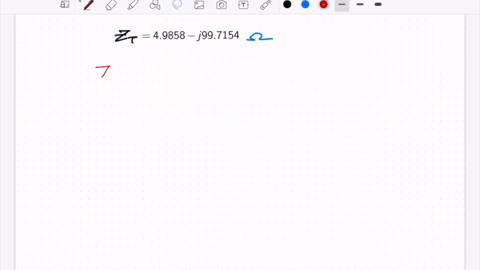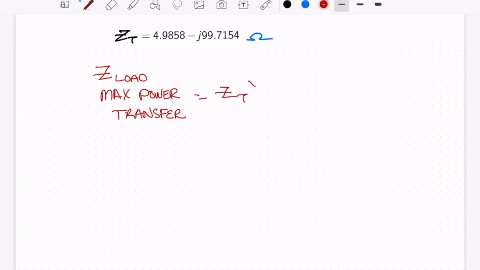So Z load for maximum power transfer will be equal to Z Thevenin complex conjugate, which will be equal to 4.9858 plus J 99.7154. And so that will be Z load max.